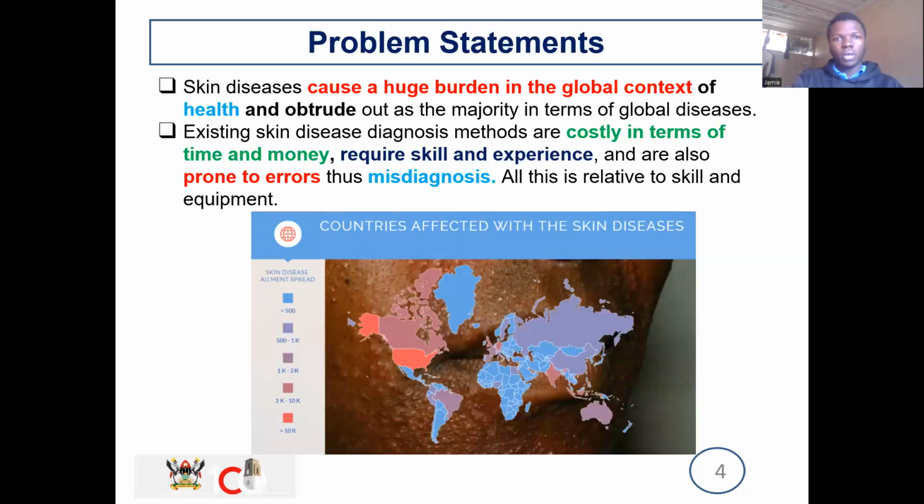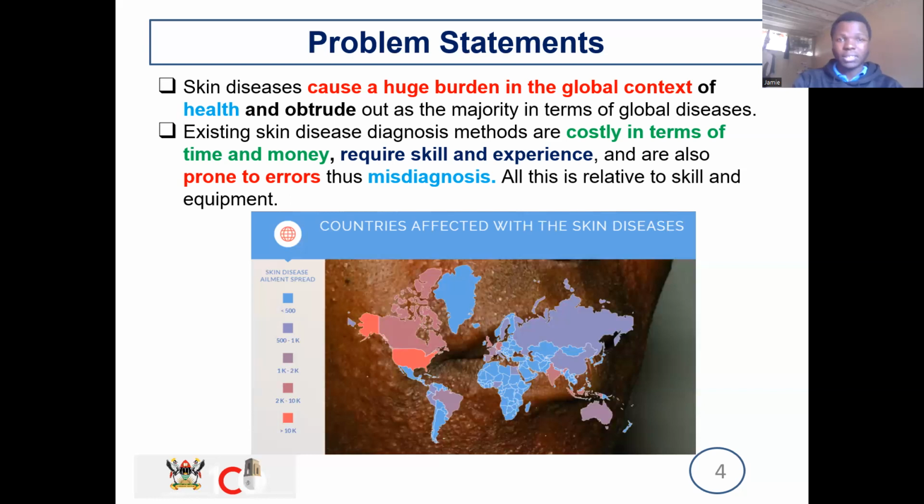So for the problem statement, skin diseases cause a huge burden in a global context. On a global scale, we're looking at roughly 1.9 billion people having skin disorders. This is based on research that has been carried out by various scholars.